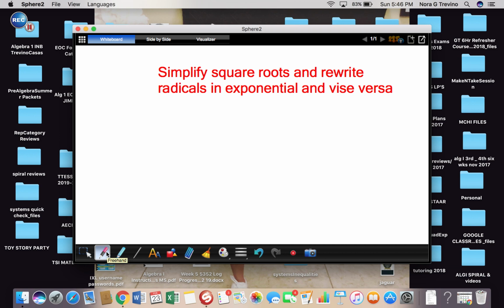Okay, so let's begin. When I say simplify square roots, I mean, for example, if you have the square root of, say, 25. All right. So the square root of 25, you have to think of what number times itself gives you 25.